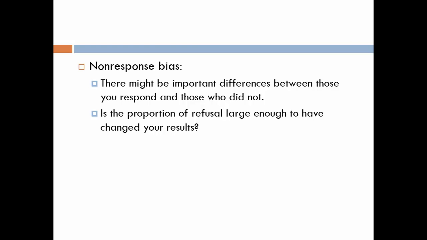So we need to look at those 30 people and their characteristics, and we need to find out if there's something important that's different about those 30 people who didn't respond. Because if there is, then we'll have non-response bias. If there's not, then we can go ahead and generalize. We also want to make sure that the proportion of people that don't respond isn't so large that it changes our results.